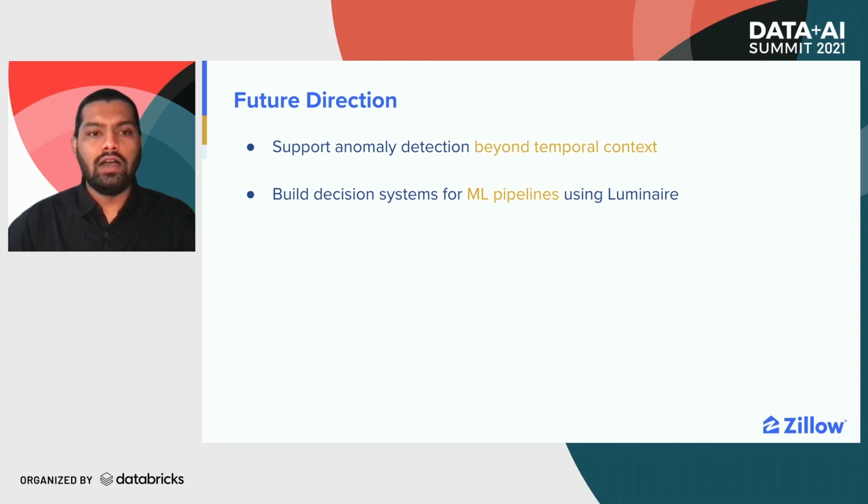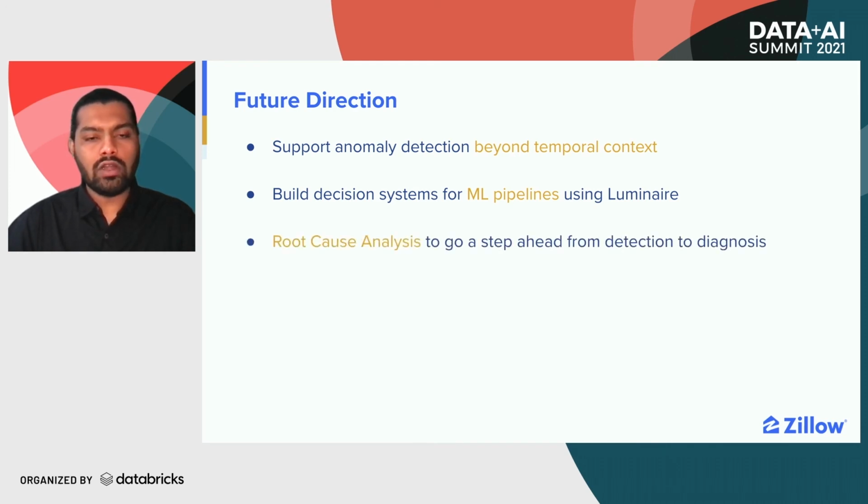As I said, we also want to make sure the ML or AI pipelines, and we want to monitor their performance as well. Now, what we talked about was only doing detection, but we also want to go another step ahead by diagnosing the problems and figuring out the fix. So that's what we want to incorporate, the root cause analysis.